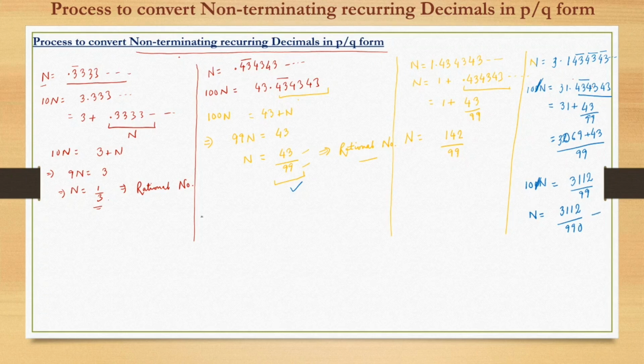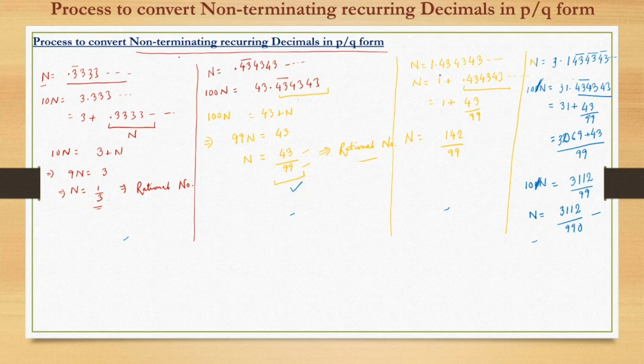Now we have seen four different examples, and we have been able to convert them to the respective rational form using a method. The method was simple. If one digit was repeating, we multiply with 10n. Here two digits were repeating, we multiply with 100n.